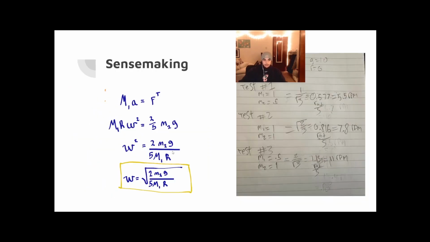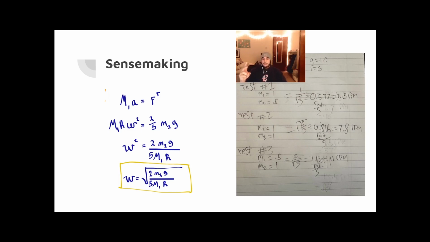After that, I ran 3 tests, 3 different hypotheticals. The first one I ran, I set mass 1 to be twice the weight of mass 2. And that came out to be 0.577 rads per second.